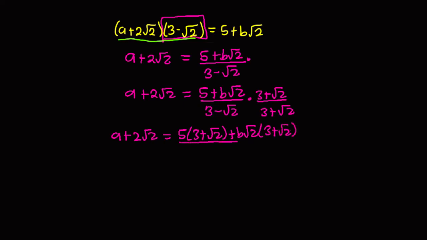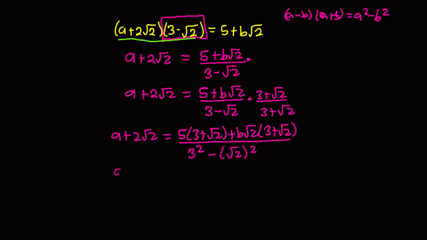All these divided by, now if we are going to multiply this, you realize that it is going to be difference of 2 squares, because we have a minus b going to multiply a plus b. So this represents difference of 2 squares, which is a squared minus b squared. So because the multiplication of these two, the denominator, gives us difference of 2 squares, I can write 3 squared minus, in brackets, square root 2 squared.